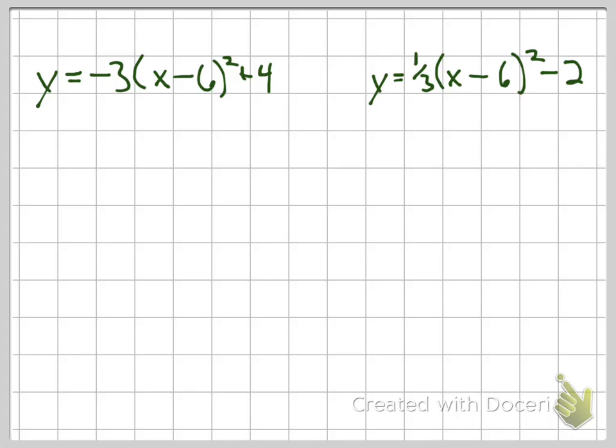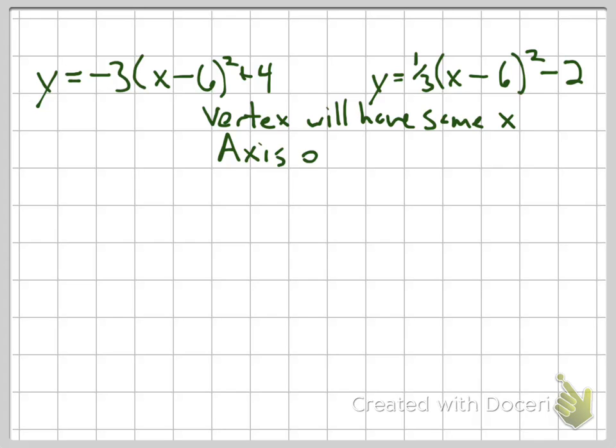Well, I see these negative 6's. What the negative 6's means is that not only the vertex will have the same x value, but it also means the axis of symmetry is the same. So both of them have the same axis of symmetry when x is 6.